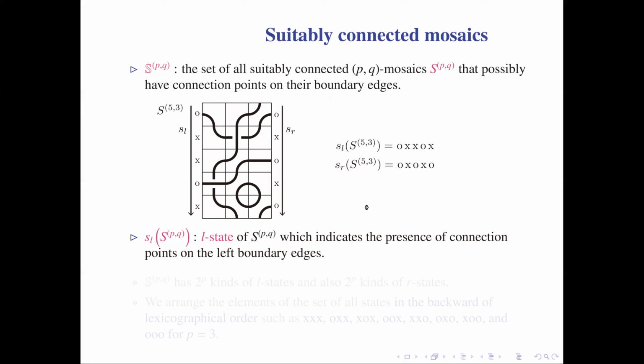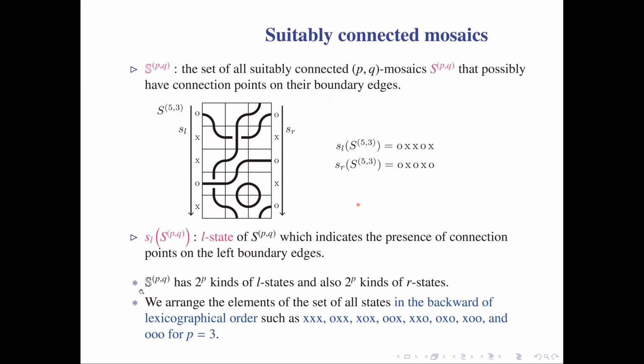Now we have two remarks. The set S_PQ has 2 to the power of P kinds of L states and also the same number of R states, because the number of rows is P. Then we arrange the elements of the set of all states in the backward lexicographical order, such as XXX, OXX, XOX, OOX, XXO, OXO, XOO and OOO, for P equal to 3.